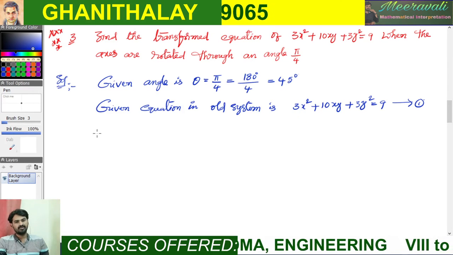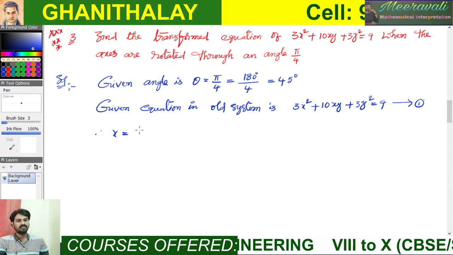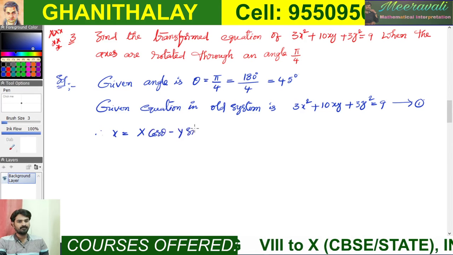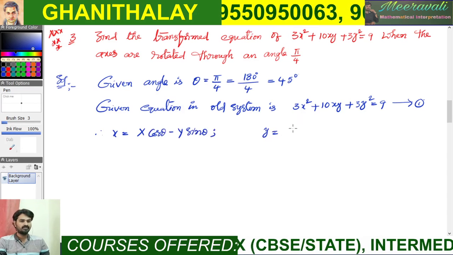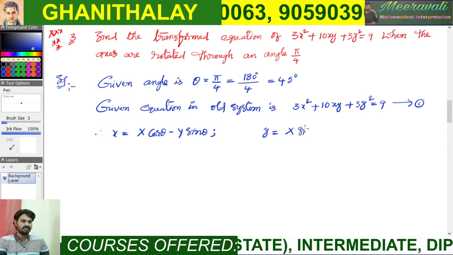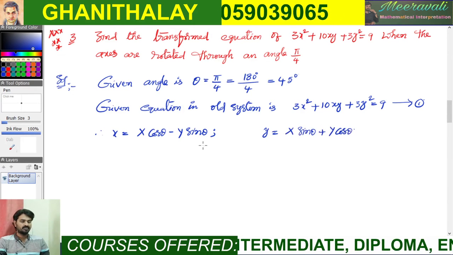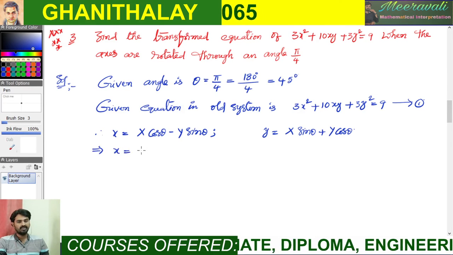Small x is equal to capital X cos theta minus capital Y sin theta. Small y is equal to capital X sin theta plus capital Y cos theta. So now put theta is 45 degrees.